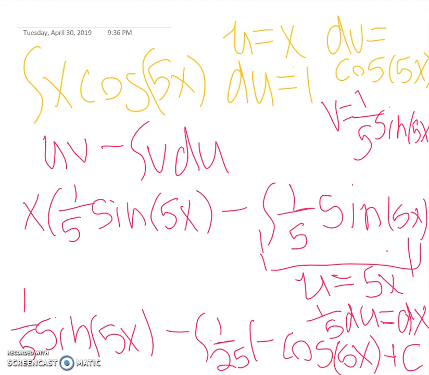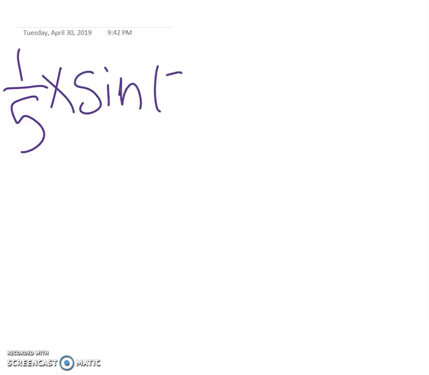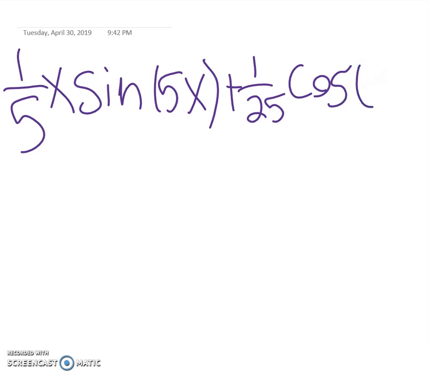And so I have to add a page here. Just simplifying this down, you distribute the negative, the final answer is going to be 1/5 x sine of 5x plus 1/25 cosine of 5x plus c.